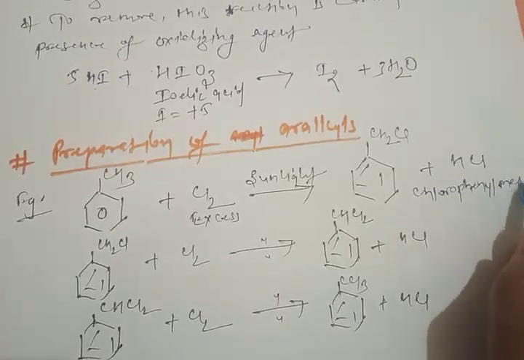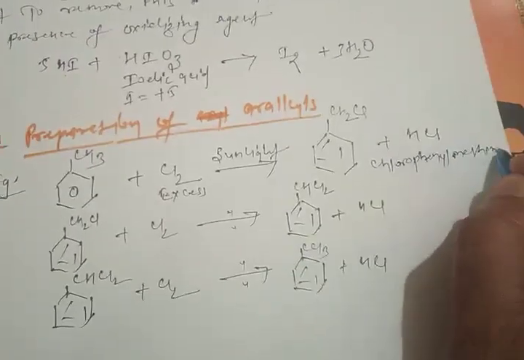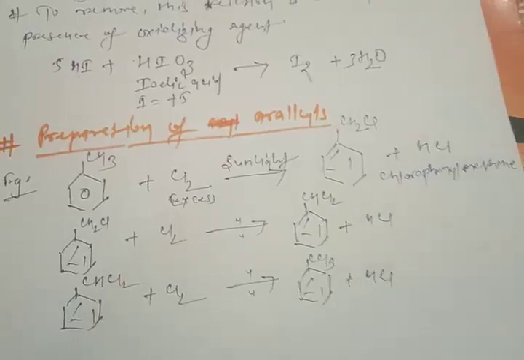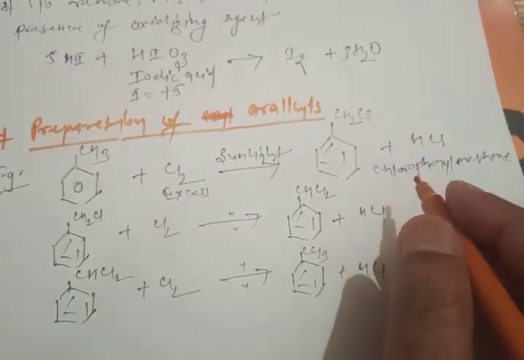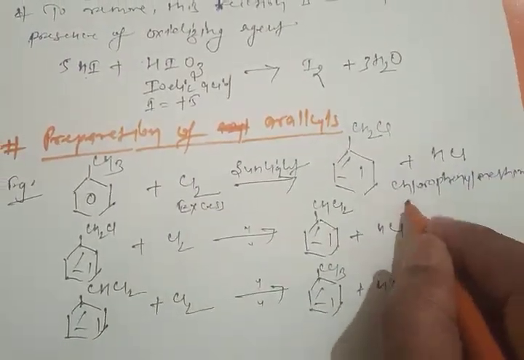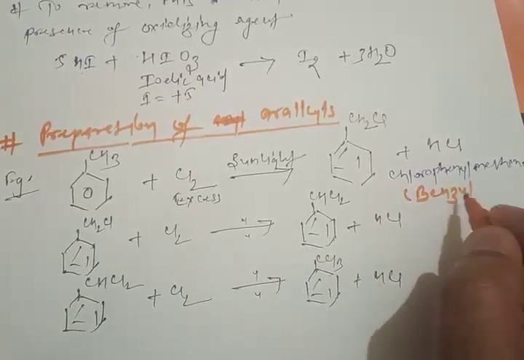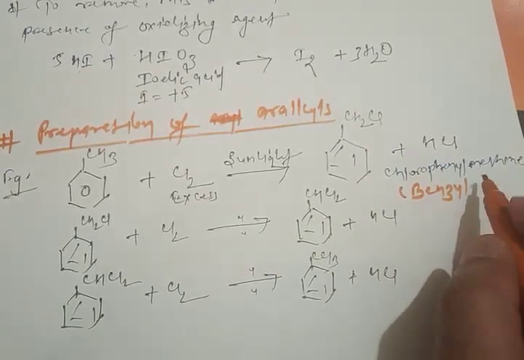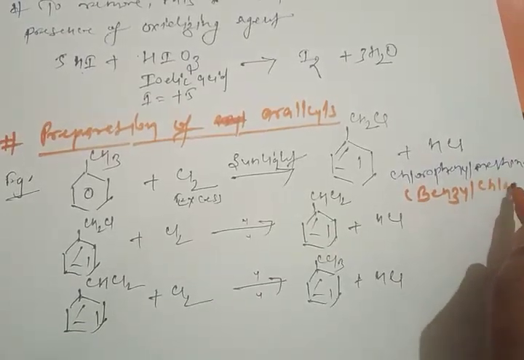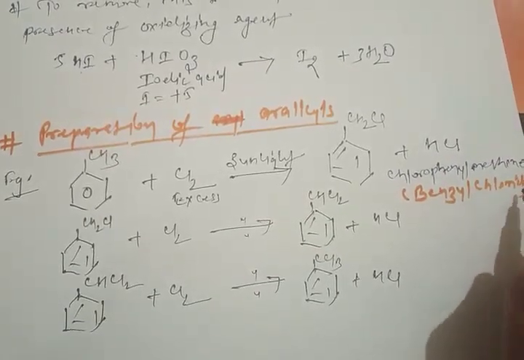The very common name of this compound, which you should also know, is benzyl chloride. This is very important. I'm writing benzyl, B-E-N-Z-Y-L, benzyl chloride. So the common name is benzyl chloride.